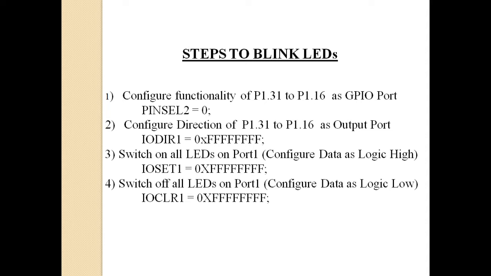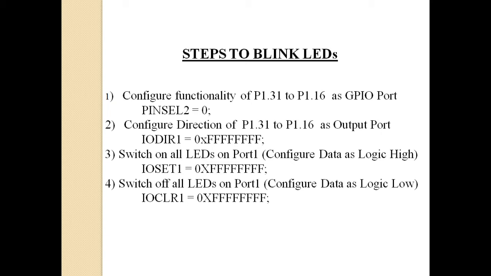Second step, I need to configure the direction of these pins P1.16 to 31. So whatever GPIO port you are taking, you need to configure two main things. First one is known as the direction, second one is known as the data. So why you need to configure the direction of a GPIO pin?